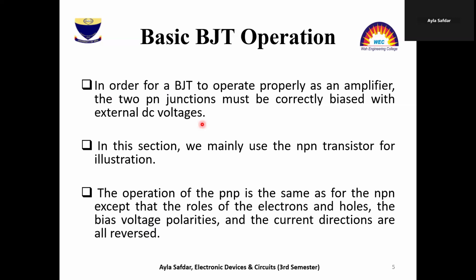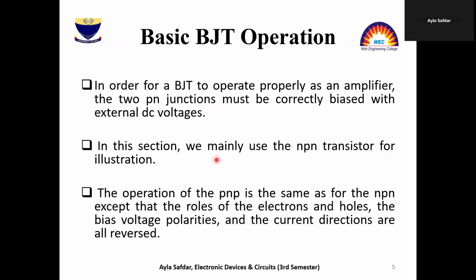If you know that you need an amplifier, you need to use BJTs for amplification purposes, and using the external DC voltages, you need to correctly bias the two PN junctions.